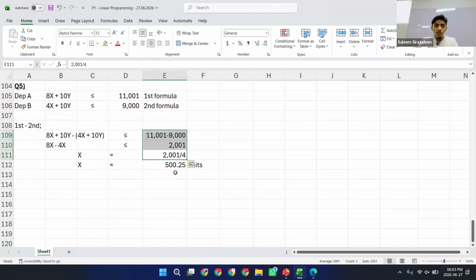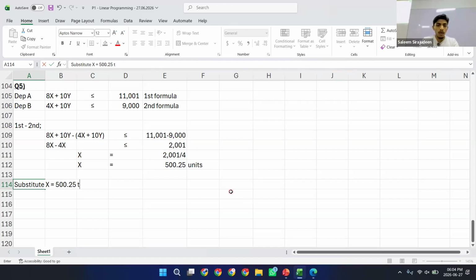Now we have to find y. So what we can do? Substitute x equals 500.25 into the second formula.